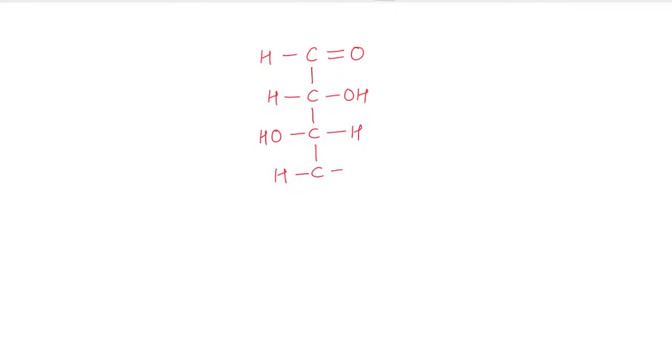So let us discuss the cyclic structure of glucose now. See, you know, glucose has CHO, then H OH, at third carbon there is OH, H, OH, 1, 2, 3, yes, 4, and then CH2OH.